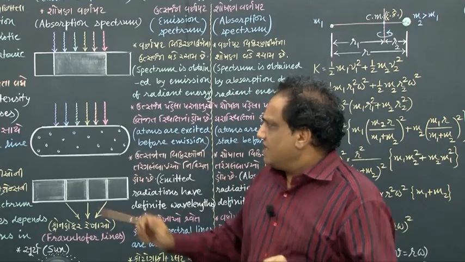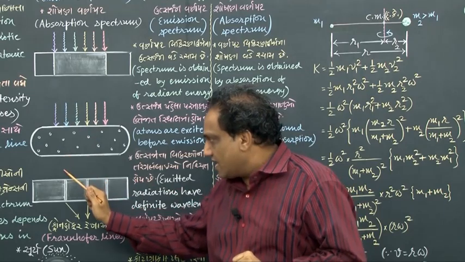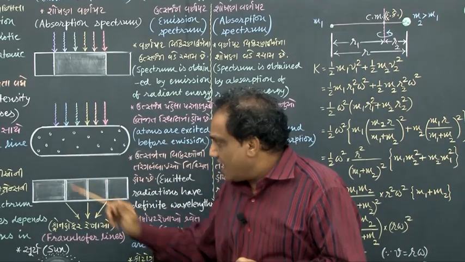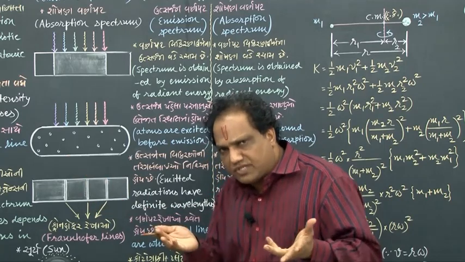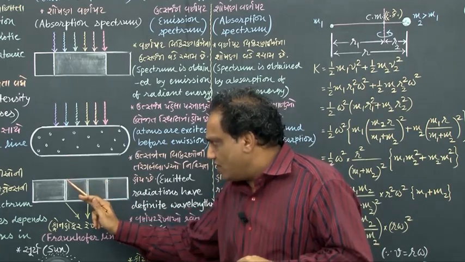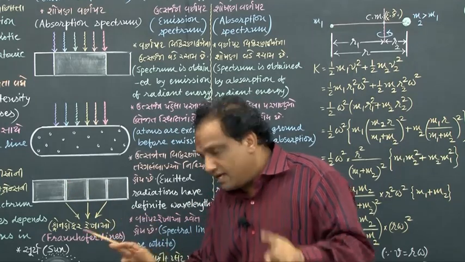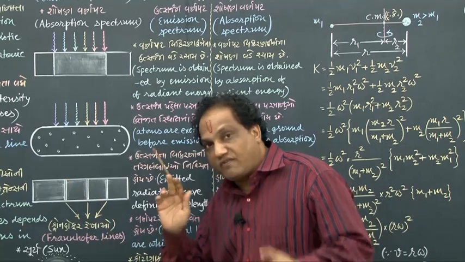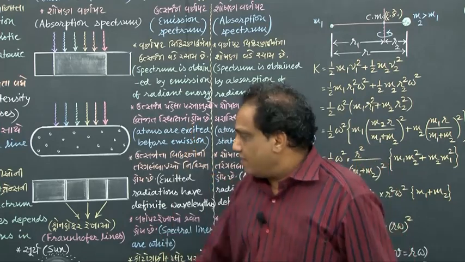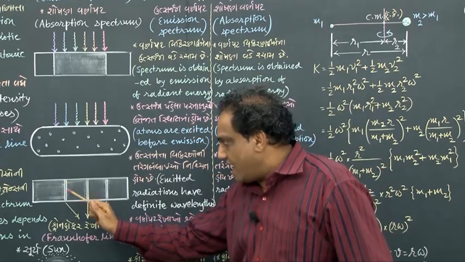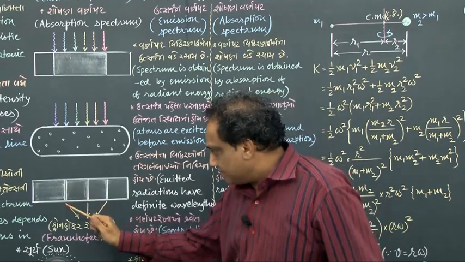So naturally, if this radiation is absorbed, then it will not be getting transmitted, correct? And if it is not coming outside from this tube, naturally in just the opposite position you will have no incidence of radiation. That's why that much part of the photographic plate will remain black, and because of that we get a very thin black line over here.